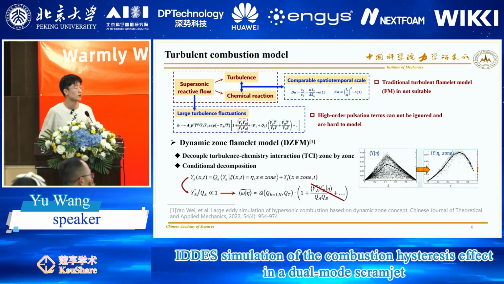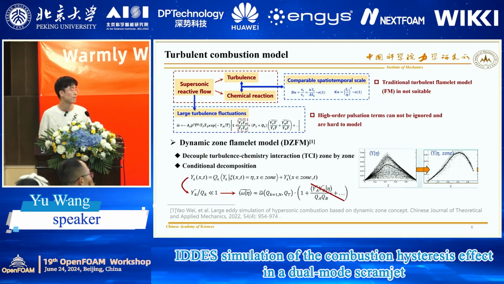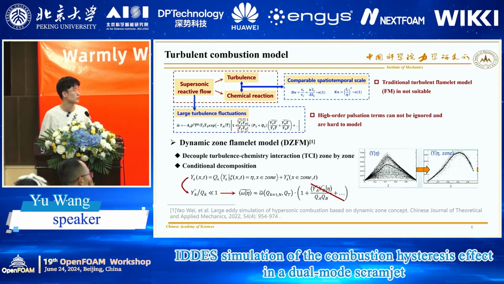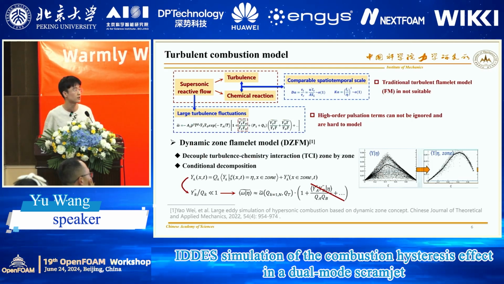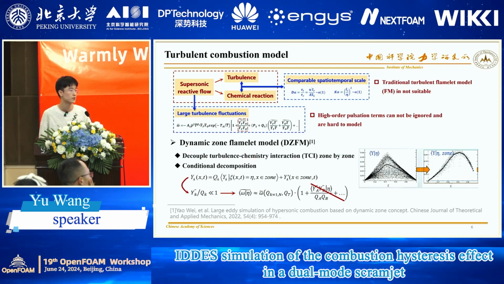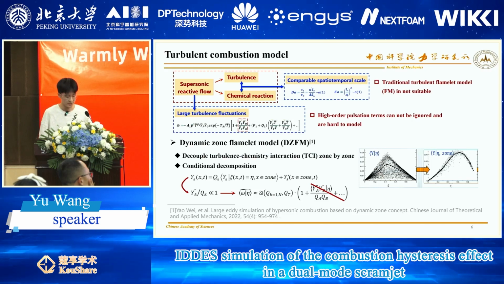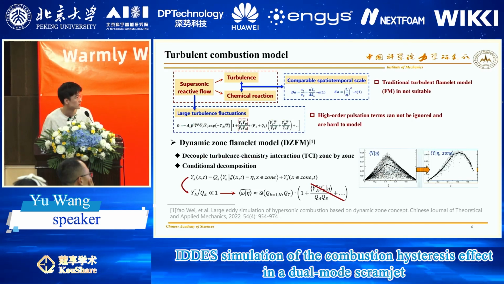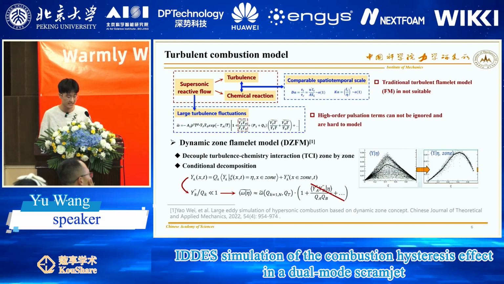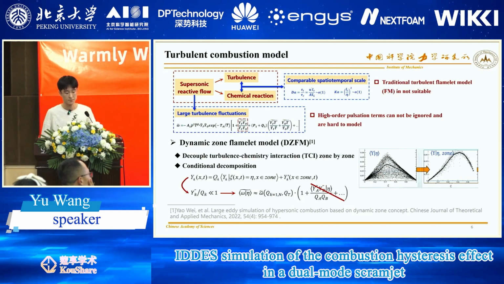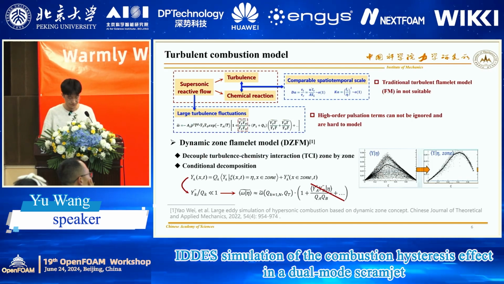As for the calculation of supersonic reactive flow, the first problem is that the spatial-temporal scales of turbulence and chemical reaction are comparable. Thus, the high-efficiency traditional turbulent flamelet model is no longer suitable in this case. The second problem is that the scalar fluctuation, as circled and boxed here, is high enough to be comparable to unity. Thus, the high-order pulsation terms cannot be ignored, and these terms are also quite hard to be modeled.